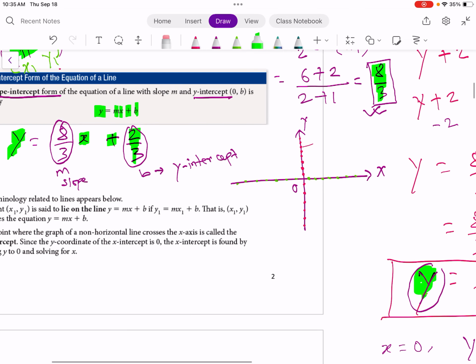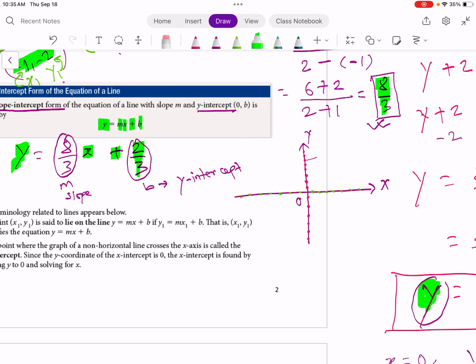Now if we have a straight line, and we know the slope of the line and its y-intercept, let's draw a line. We know the slope of the line is m, and the y-intercept is the point where the line crosses the y-axis.